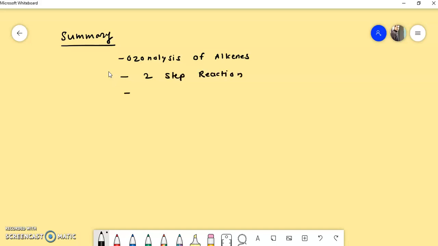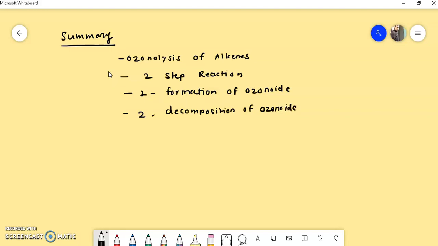Remember, the first step is formation of ozonide, and the second step is decomposition of ozonide to carbonyl compounds. So this is all about the ozonolysis of alkenes.